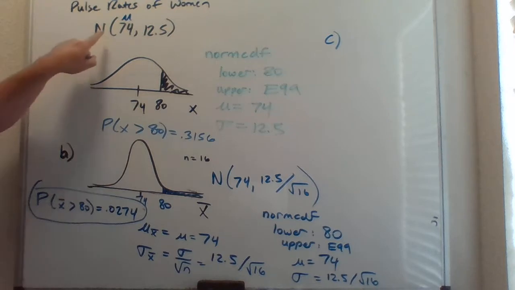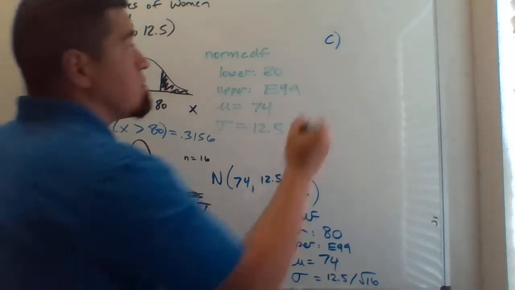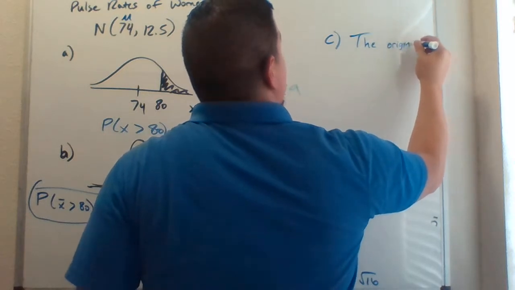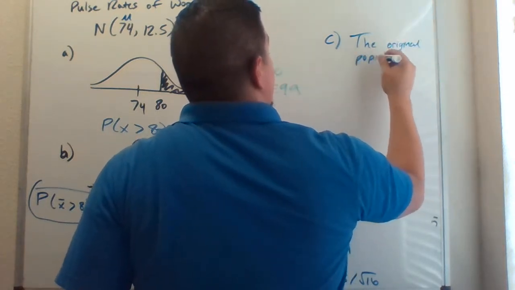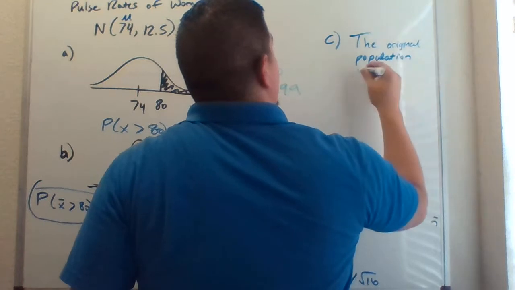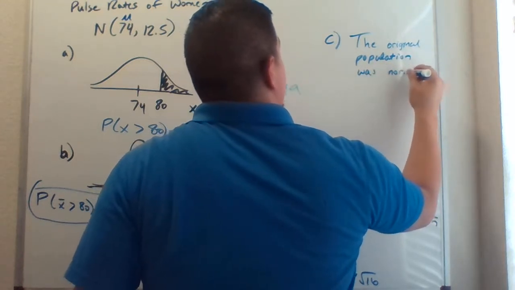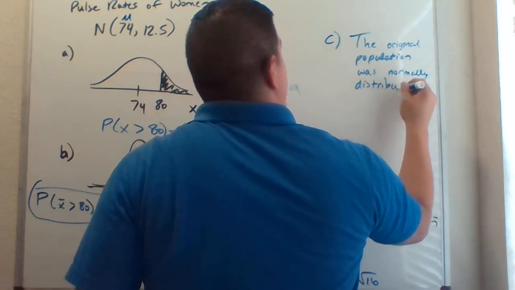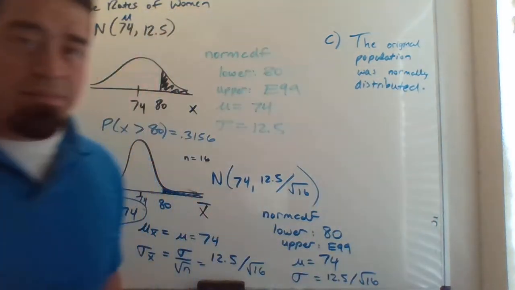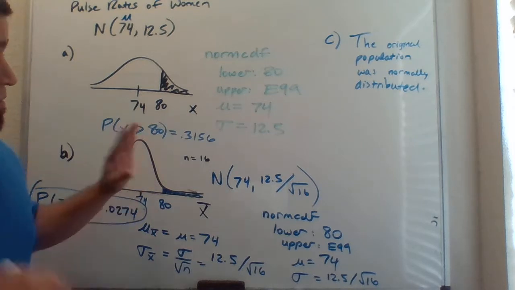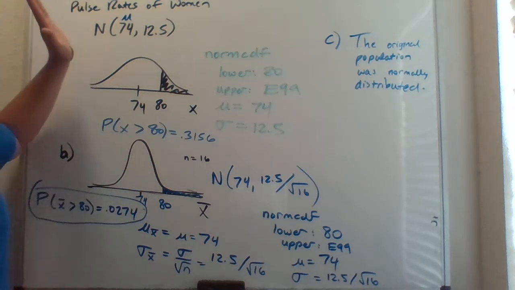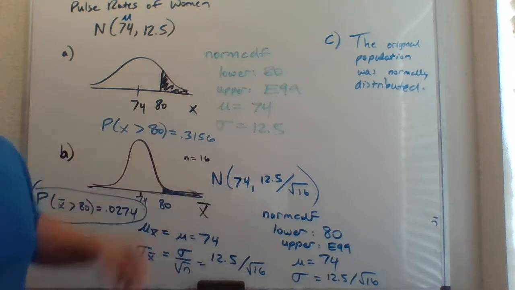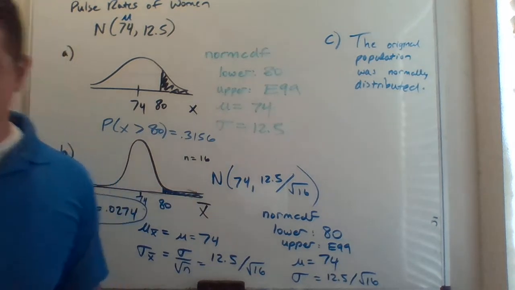Well, the problem tells us the original population was normally distributed. That's why. So if your original population is normally distributed, then you are free to use this central limit theorem to calculate.